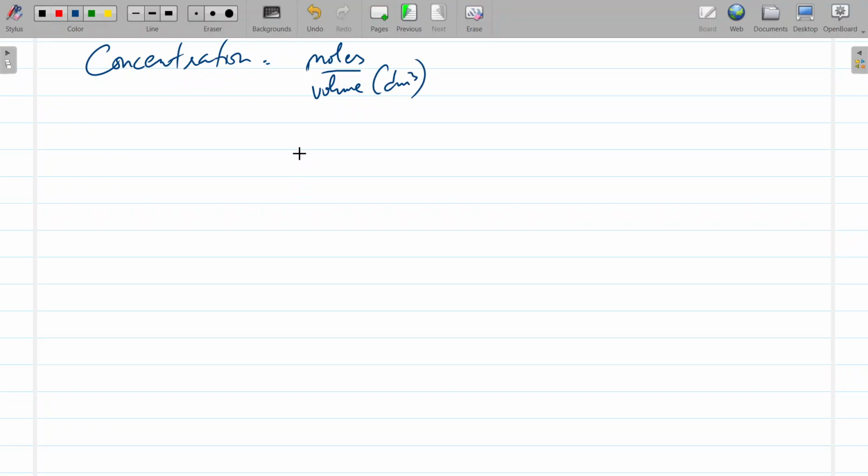And so for NaOH, you've got 21 into 10 to the power minus 3 divided by 25 into 10 to the power minus 3. We got that by taking 25 divided by 1,000, so that's in decimeter cube.